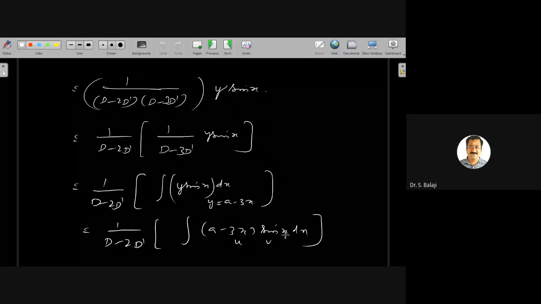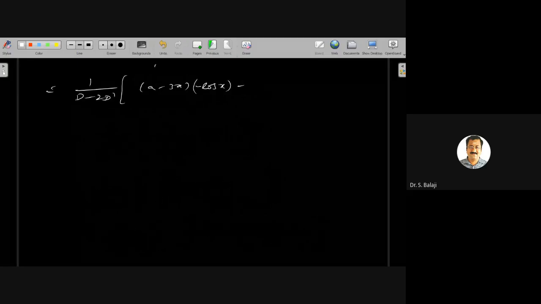Now u′ is −3, and v2, the integration of this part, is −sin x. Then the differentiation of this part is 0. First you write u and v1, the integration, then the differentiation of u and the integration of v1. Now 0 comes, so you can proceed up to 0.